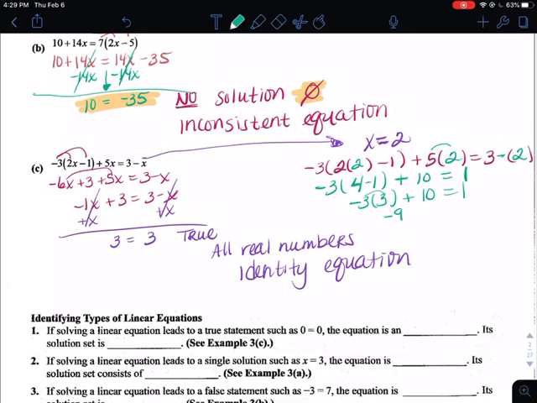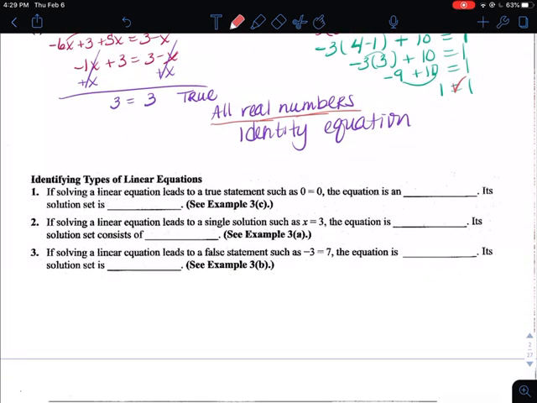Negative 3 times 3 is negative 9. Plus 10 equals 1. And look there, negative 9 plus 10 is 1. And 1 equals 1. So 2 is definitely a solution. And that works for any number that you choose for x. So that's what it means when I say the solution is all real numbers. It means it can be any number.